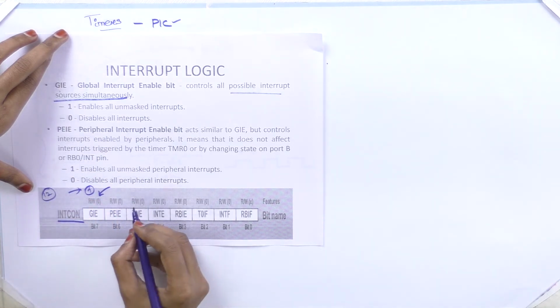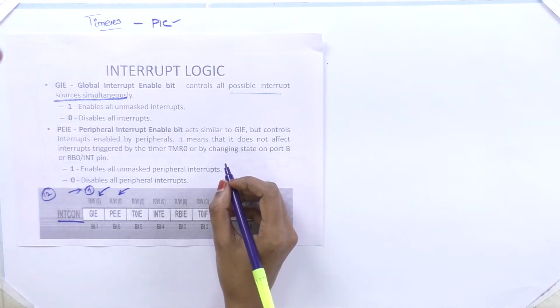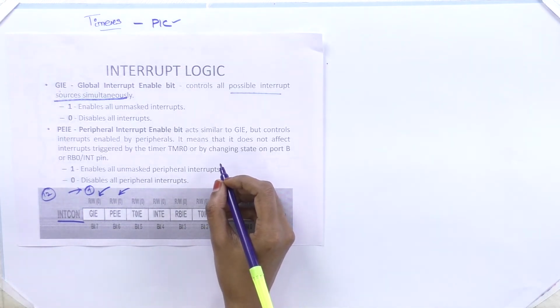And the next thing is PEIE. The global interrupt enable bit is meant for all the software interrupts as well as the hardware interrupts. The hardware interrupts can be peripheral interrupts or they can be from other devices. In order to differentiate whether I am going to enable the peripheral or the other hardware interrupts, we use the PEIE bit.